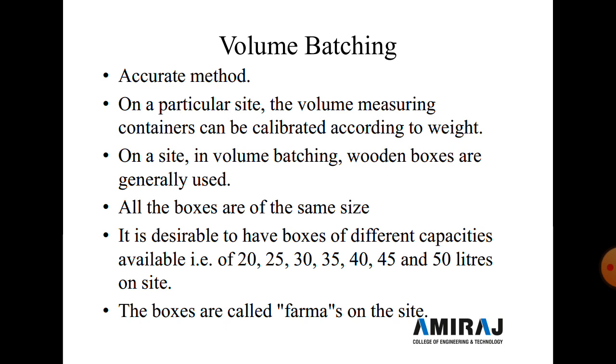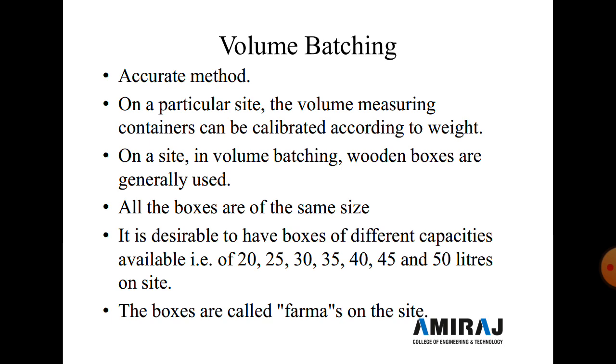Volume batching is not a very accurate method, but because of its convenience on site, it is widely practiced. On a particular site the volume measuring containers can be calibrated according to weight, and in this method more accuracy is required.